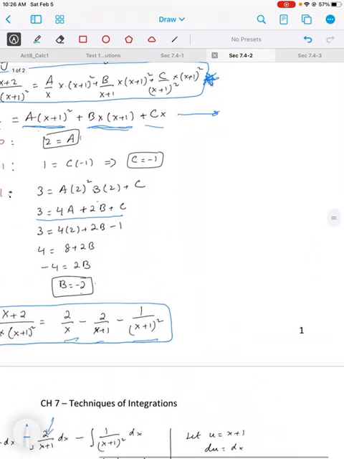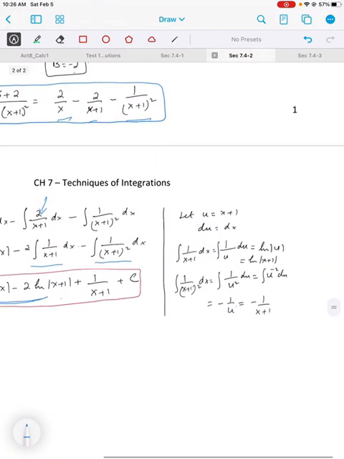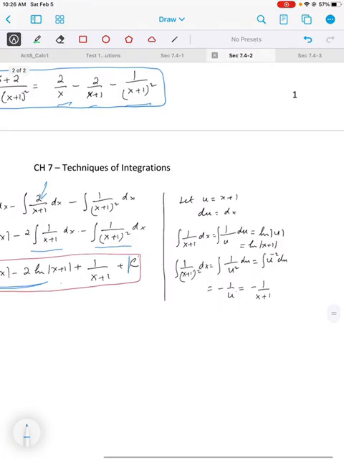Now, because we used C up there, we shouldn't be putting a C here, so we should have K, or you can say D in this case, but just make it a habit of putting a K, because D is very often used as a coefficient in partial fractions.